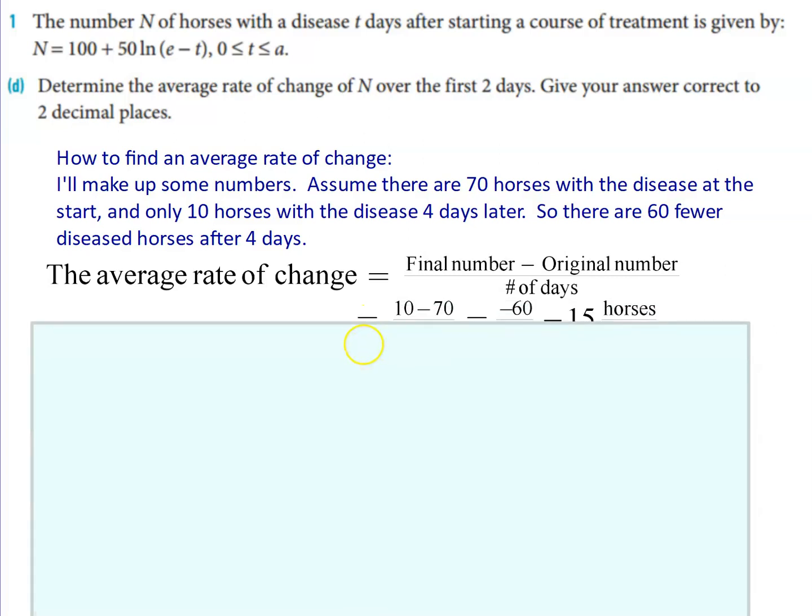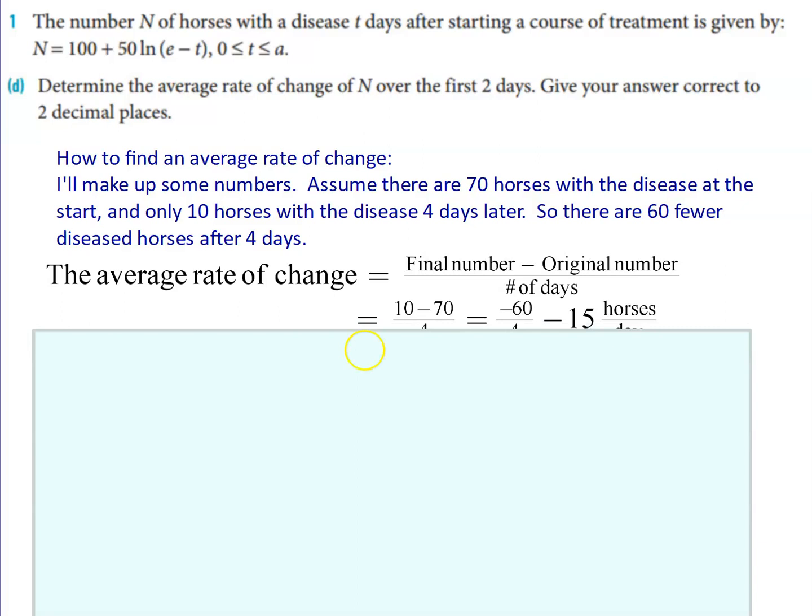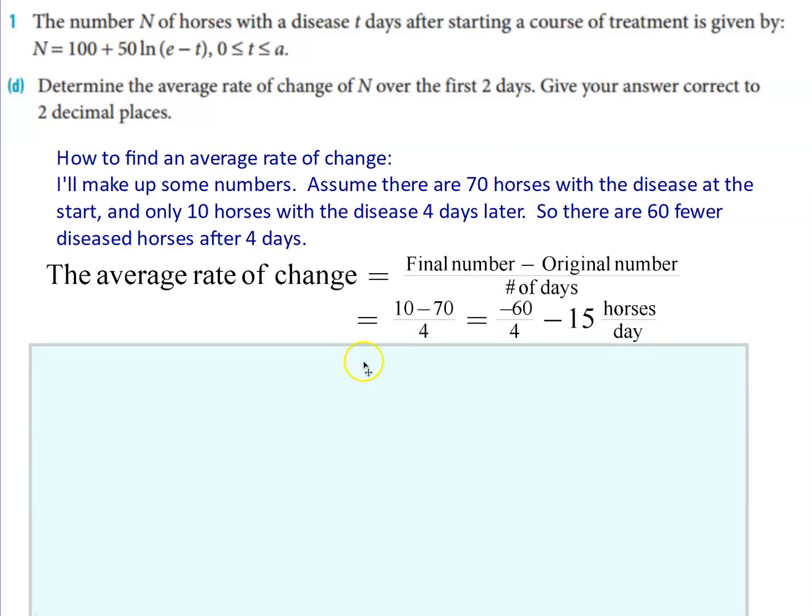That gives us negative 60 because it's gone down, and you divide by the 4 days, and what it's telling you is on average it's gone down by 15 horses per day that have the disease.